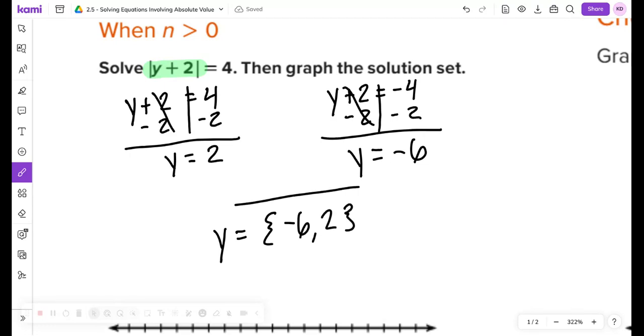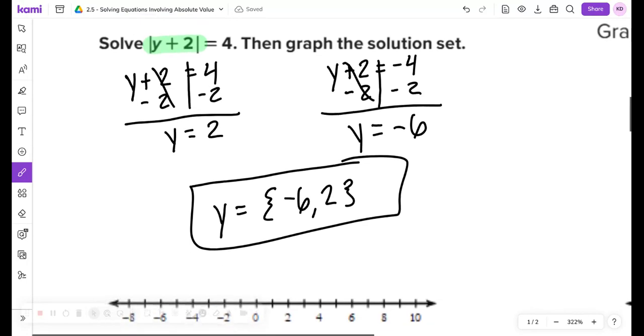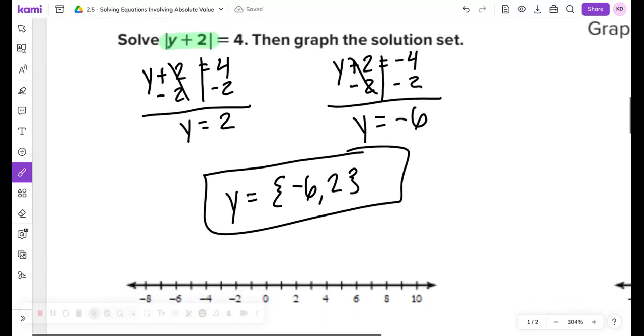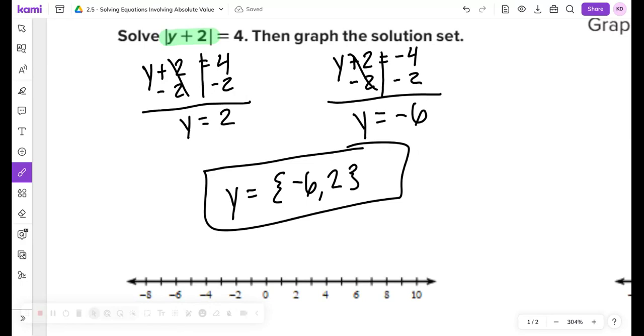Now, this one is asking me to graph the solution set. So if I have my number line down here, I would find -6 and put a dot, and find 2 and put a dot. That's my solution. I would like you to pause the video and work through the next problem.